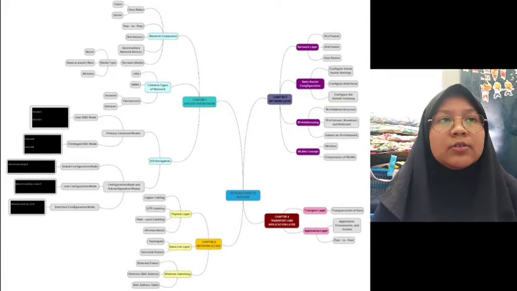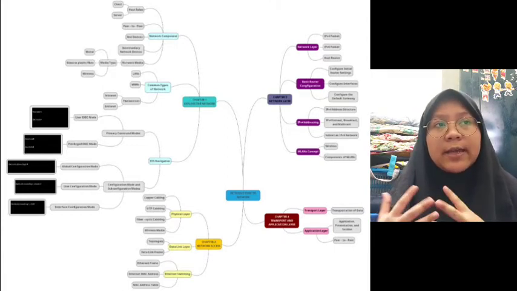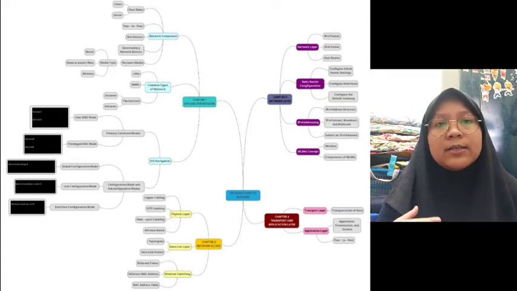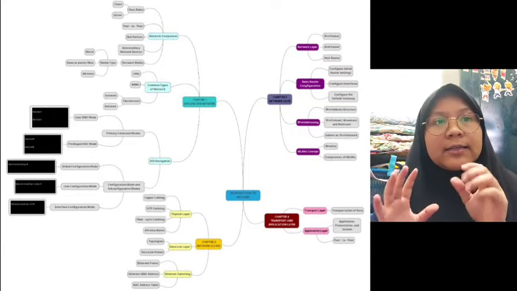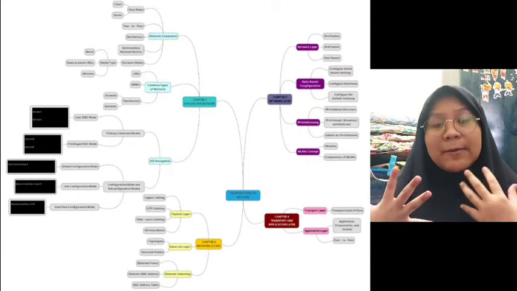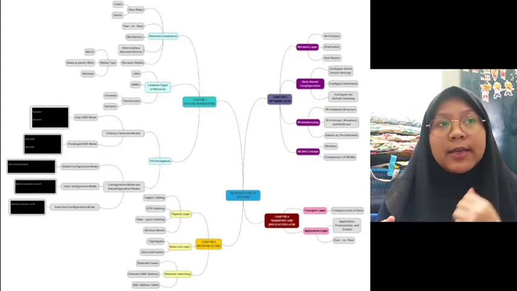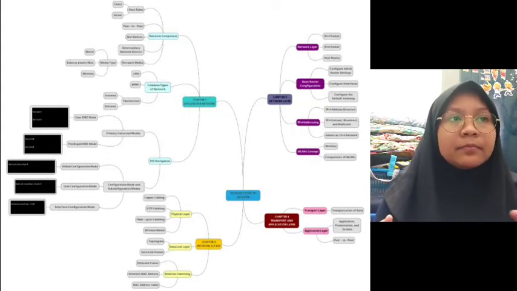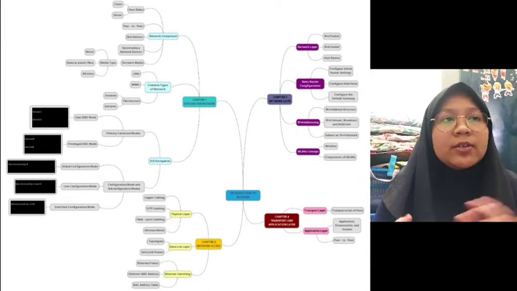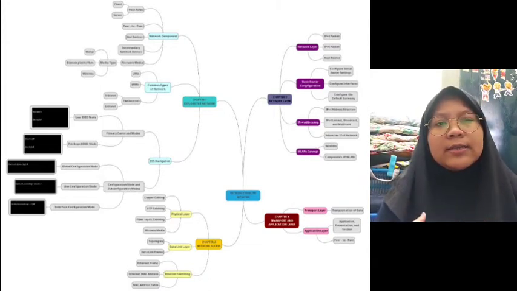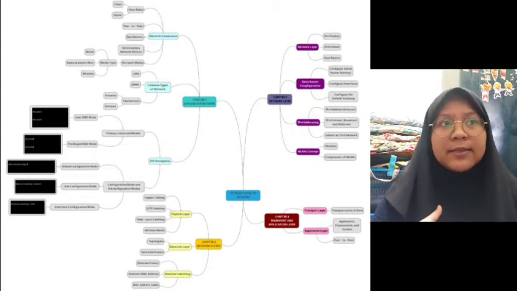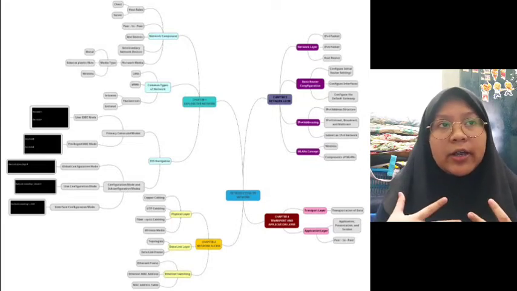Intranet is a private collection of LANs and WANs specifically for an organization to use, while extranet provides secure access to the network for individuals, so only certain people can use that extranet.